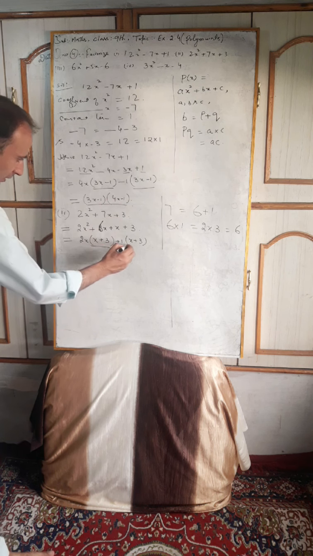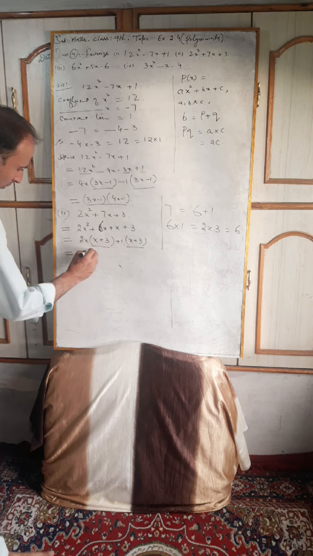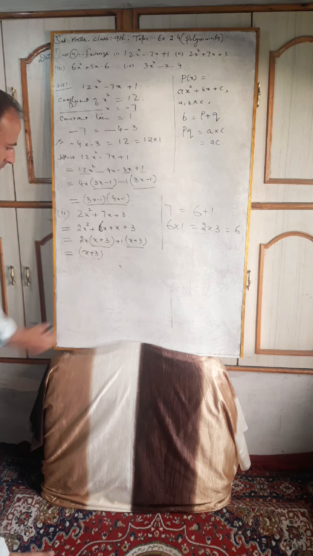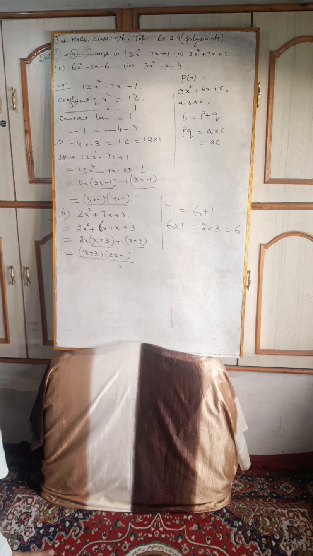Here x plus 3 can be taken as common. It will be equal to x plus 3 into 2x plus 1. These are its factors.